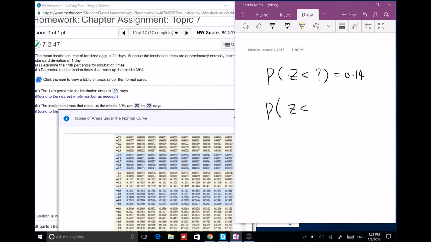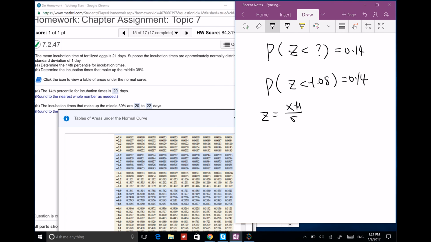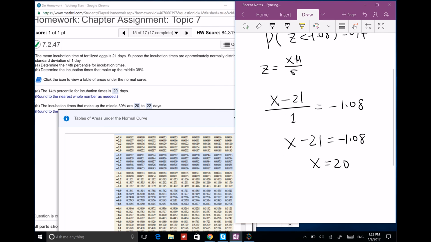So z less than negative 1.08 equals 0.14. Z equals x minus mu over sigma. So basically you get x minus 21 over 1 equals negative 1.08. Solve for x. So x equals 20.